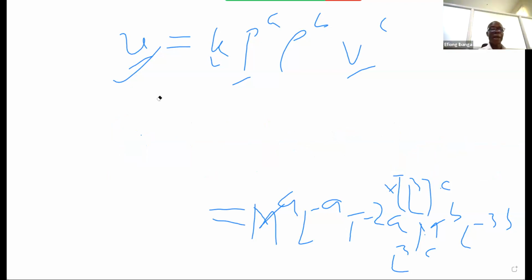Okay, so you now have M. So this gives us M raised to power a plus b. When the bases are the same, you add the indices, from your secondary school elementary algebra. M a plus b. Okay, then we take L. Then I have L raised to power minus a. I also have L raised to power 3c minus 3b.